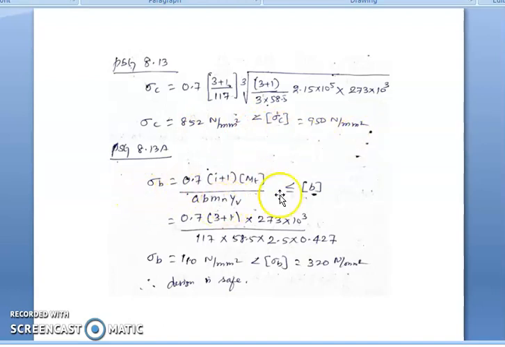Similarly, sigma B, we have the formula like this. By using all the variables, sigma B is predicted as 110 Newton per mm square. This is less than the design sigma B. So the design is safe.